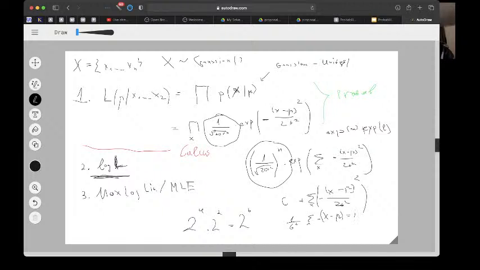Then you set the derivative to 0, and then you can see from here, you have a sum over x, and then keep on the signs.